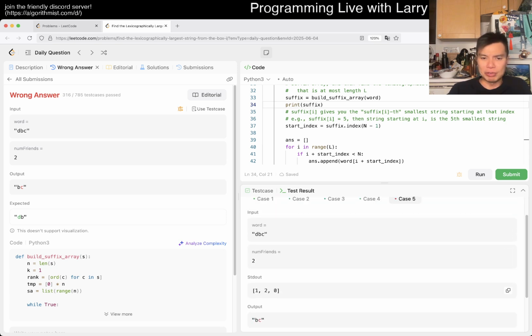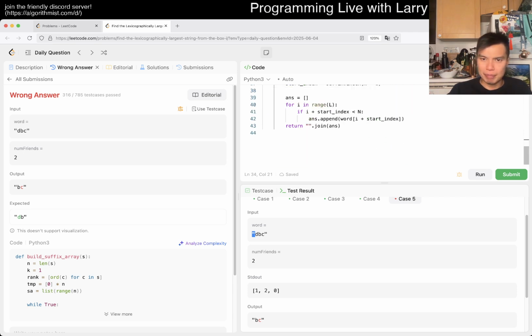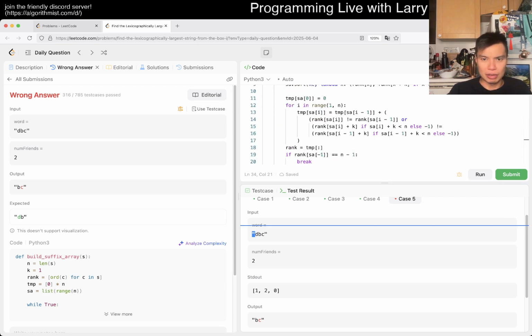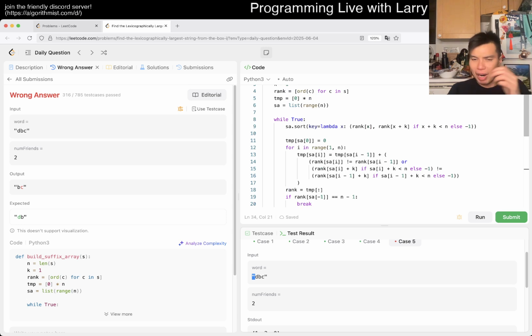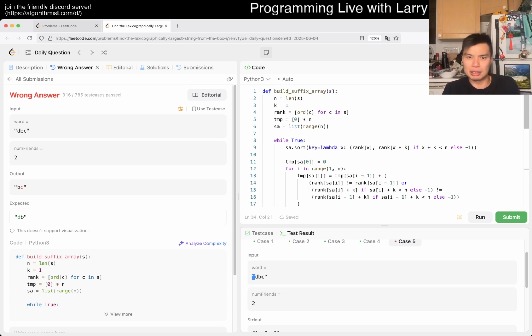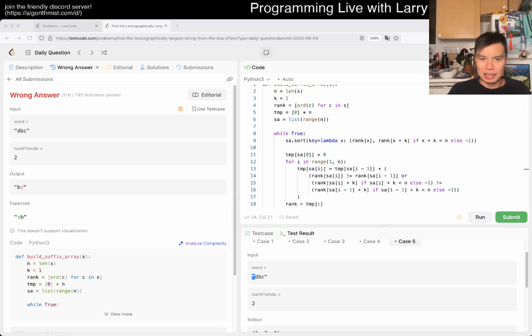But ideally, this should return that B is 0, C is 1, and then D is last, right? Am I doing it wrong? Let's take a look. I mean, if the black box is right, then it should be right. But I don't know why this is so weird. It's either that or ChatGPT failed us.